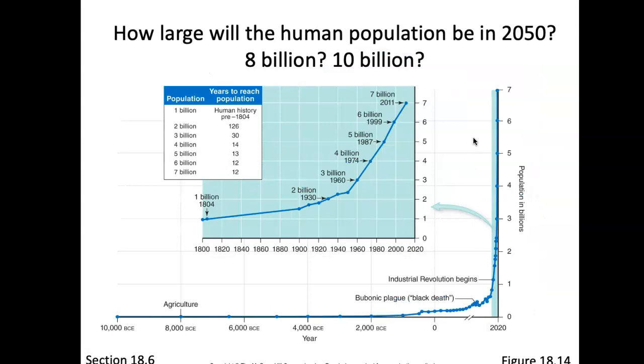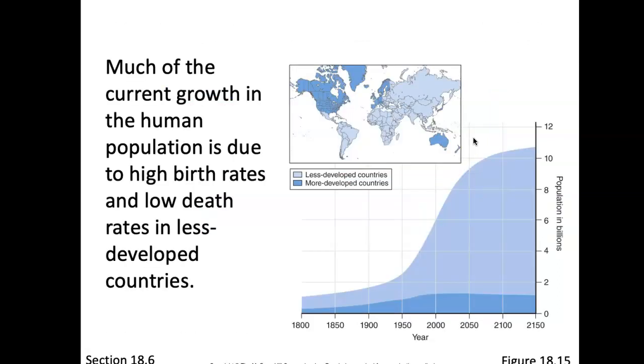So how large will the human population be in 2050? Will it be 8? Will it be 10? Who knows? And these are important issues to be thinking about. It's very complicated. So we know that much of the current growth in the human population is due to high birth rates in less developed countries. If you look at the map, less developed countries is most of South America, Africa, Asia, India, all these countries.